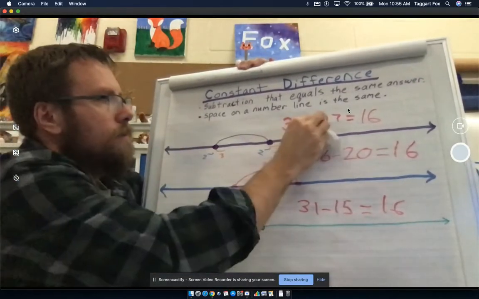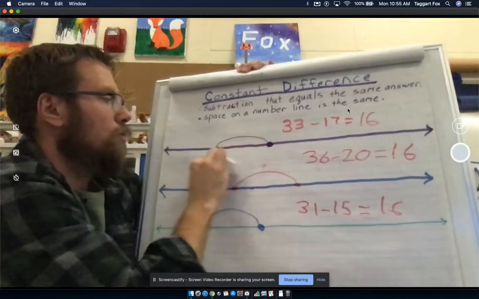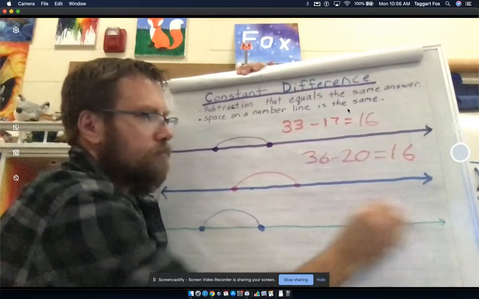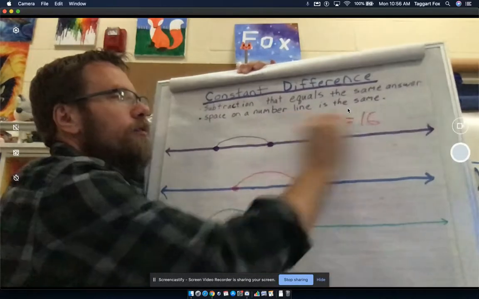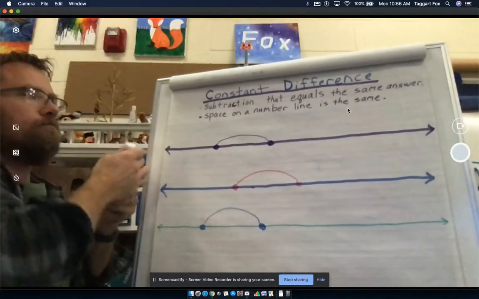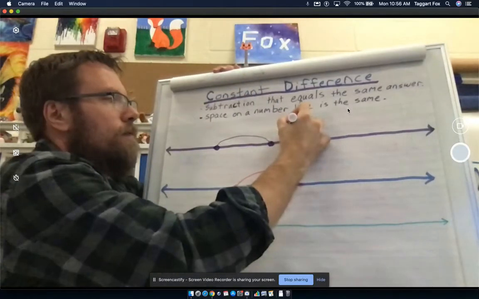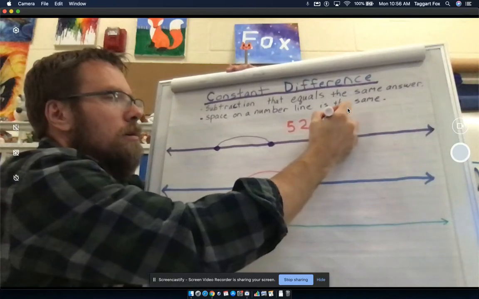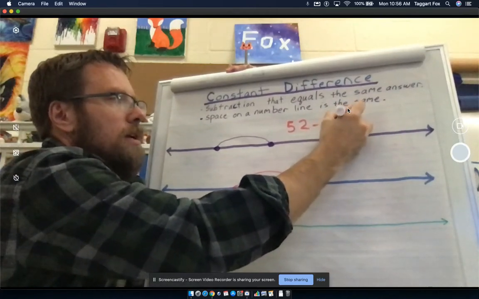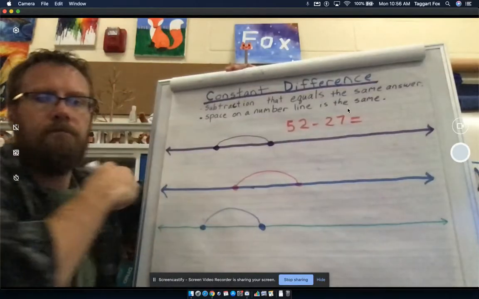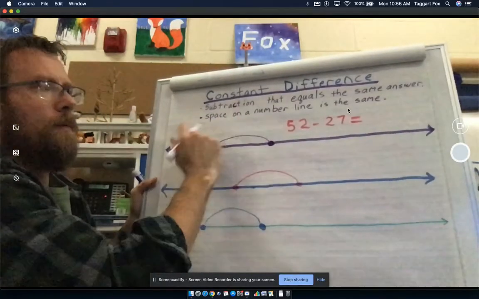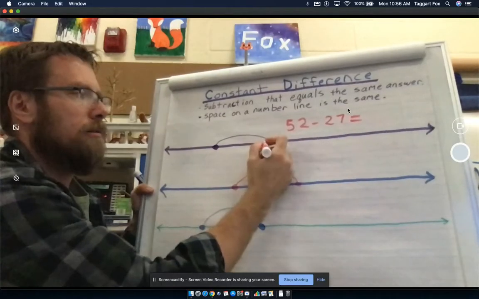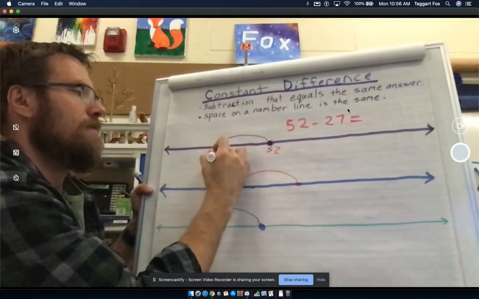Let's look at another one. And we will shift based on the problems this time. What if we had 52 minus 27? Boom. So the distance here, whatever that is, from a 52 on the number line down to a 27 on the number line.